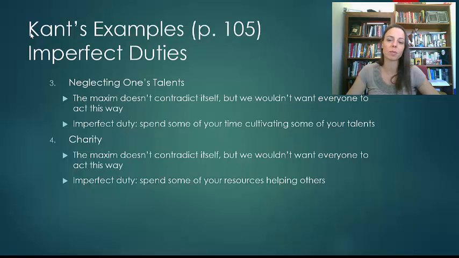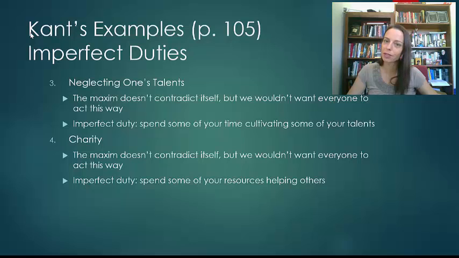So in that case, the maxim of don't help others doesn't contradict itself. It's fine in terms of logic. But we wouldn't want a world in which everyone acted this way, in which no one ever helped another person out. So for that reason, we have an imperfect duty to sometimes help other people.